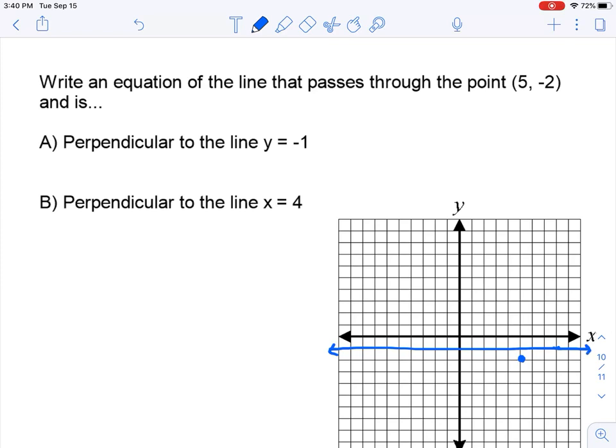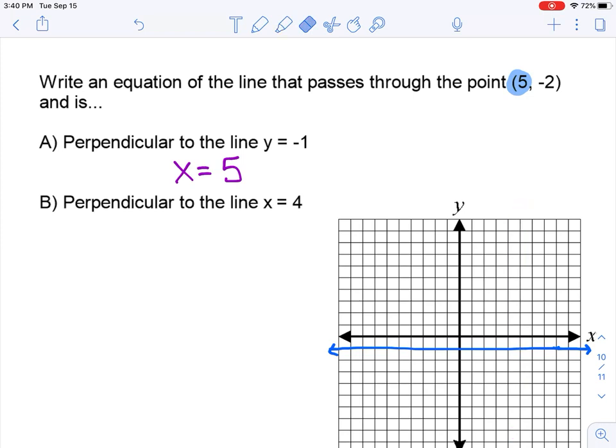So if I want a perpendicular line through this, that means it is going to be vertical. So it crosses at 5. So our perpendicular line is x equals 5. Notice that here.